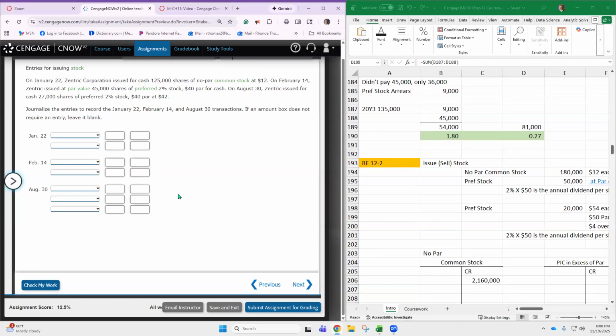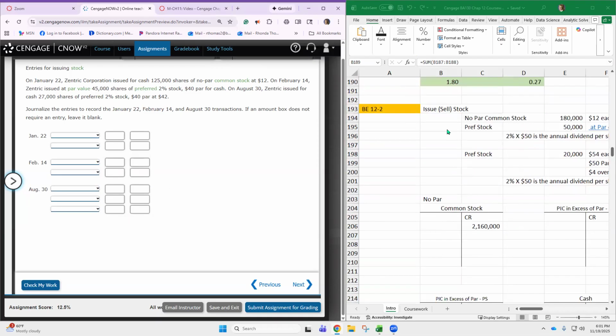So you can raise capital and hopefully grow your business so that your investor then gets a return on their investment. So on January 22nd, this corporation issued for cash 125,000 shares. Okay. So once again, issue means to sell, of no par common stock at 12.